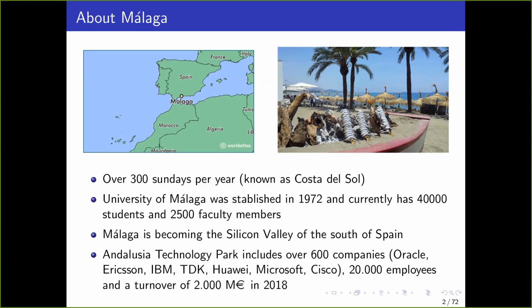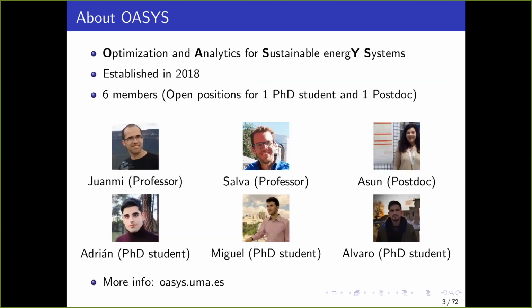In the news you sometimes read that we are becoming the Silicon Valley of the south of Spain. As an example, we have the Andalusia Technology Park, including more than 600 companies, with Huawei, Microsoft, IBM, 20,000 employees, and a turnover of 2,000 million euros. So you have the beach, but also some other stuff going on.